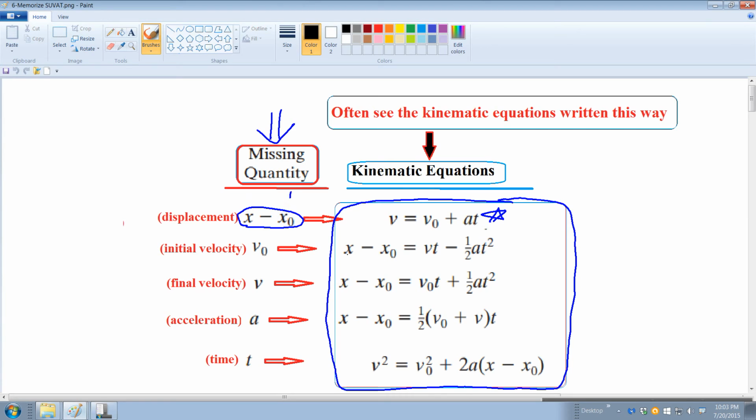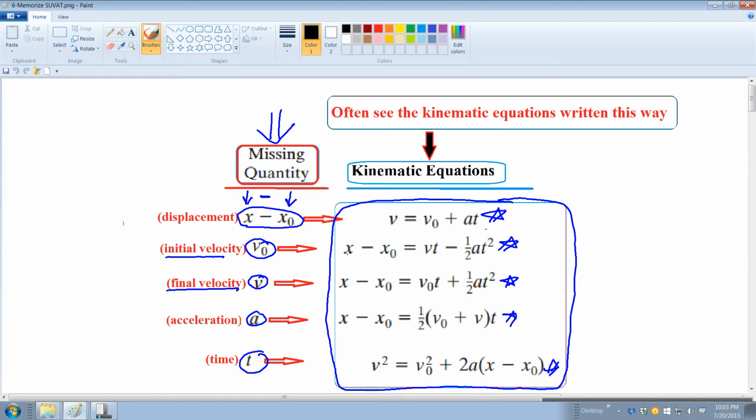Displacement here is final position minus initial position. In the second equation, the missing parameter is initial velocity, v sub naught. In the third equation, the missing parameter is final velocity, and then acceleration is not in the fourth one, and time is not in the fifth equation.